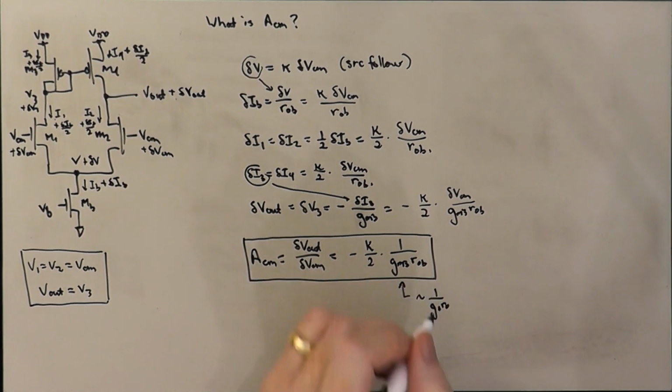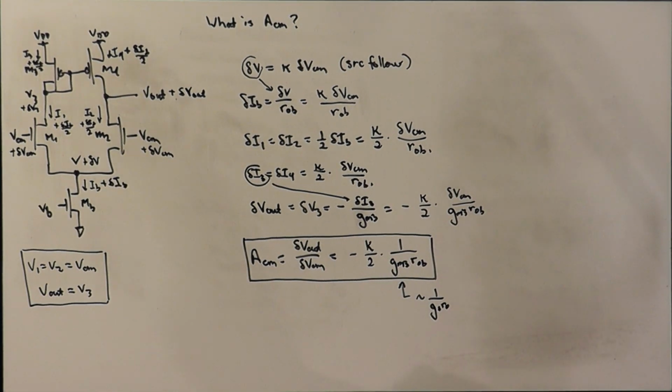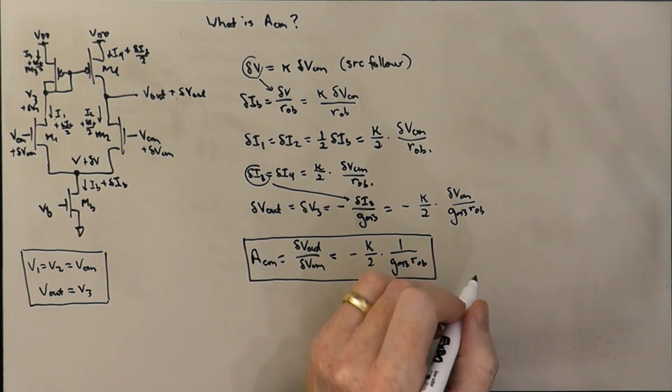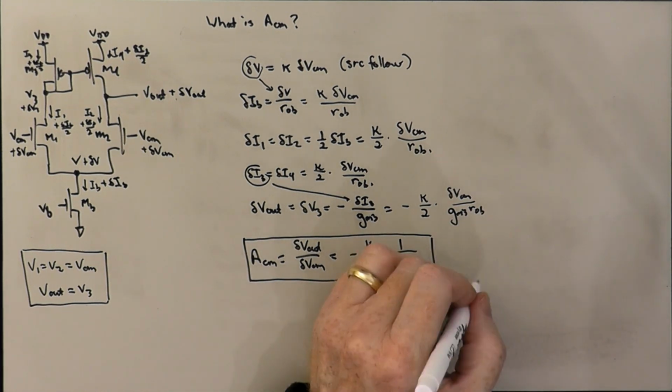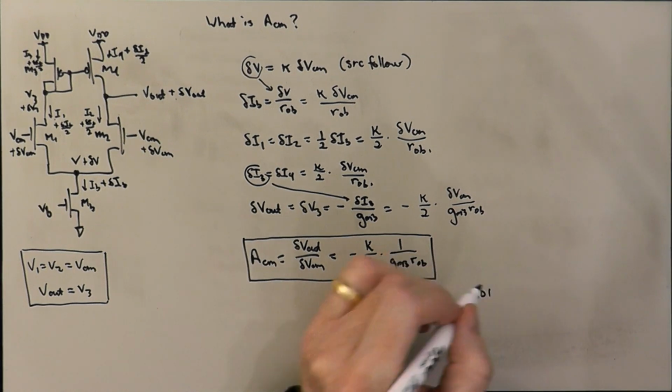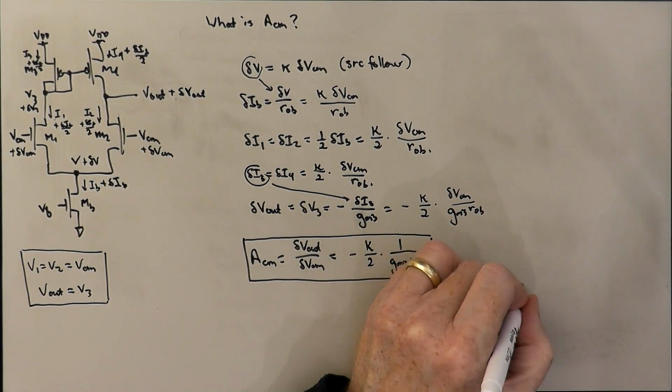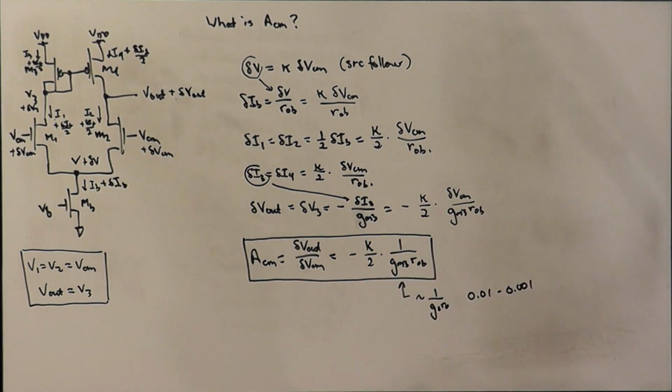But this is going to be something like 1 over GM RO, 1 over the intrinsic gain of a transistor, which might be .01 or 0.001, something like that.